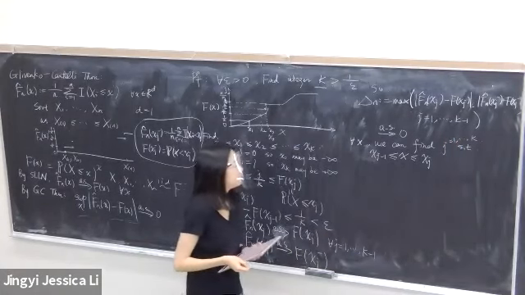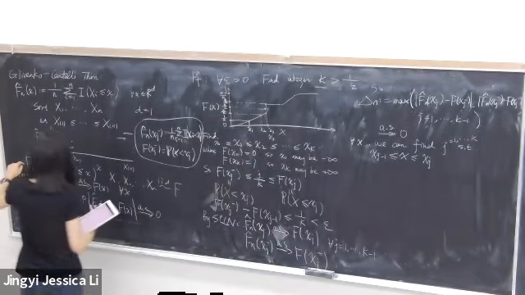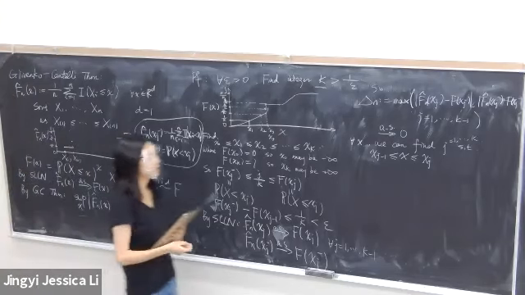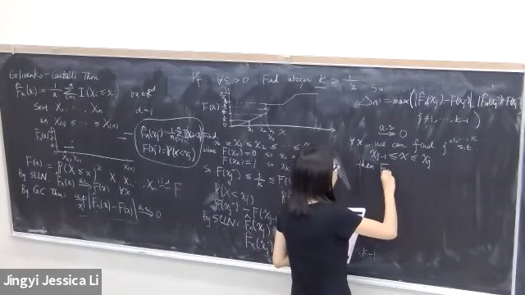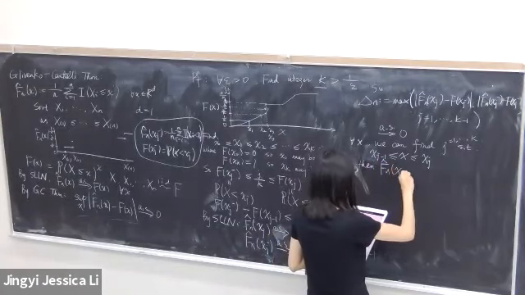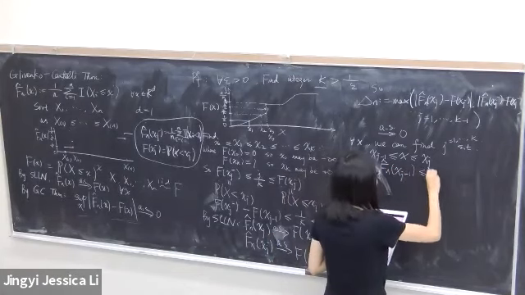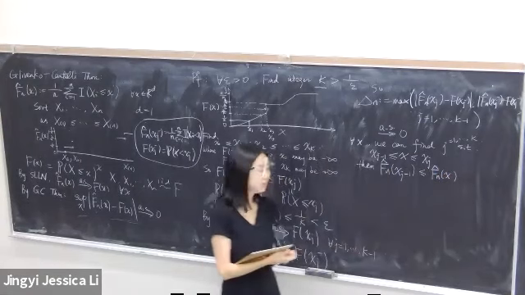Given that, because by definition the empirical CDF F_n hat and the true population CDF F are both monotone, we have F_n hat(x_{j minus 1}) less than or equal to F_n hat(x).